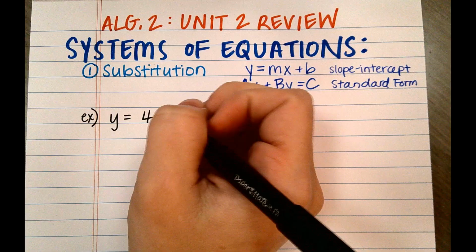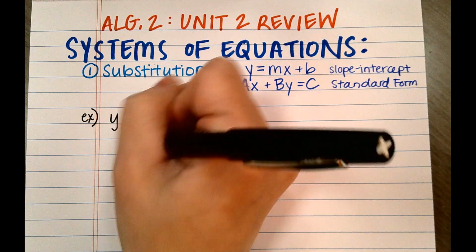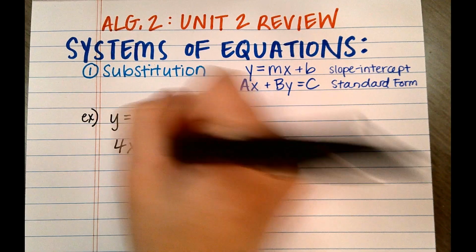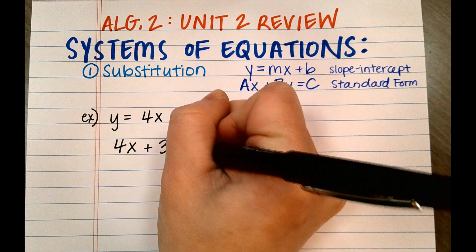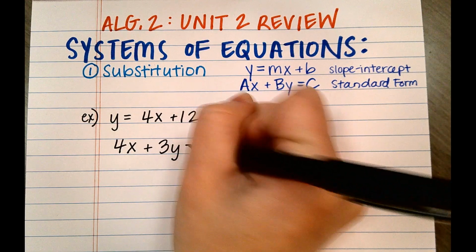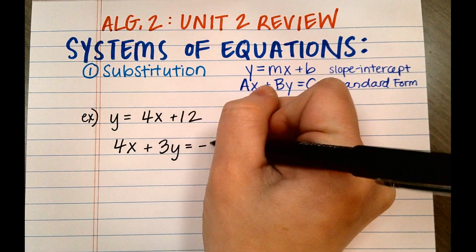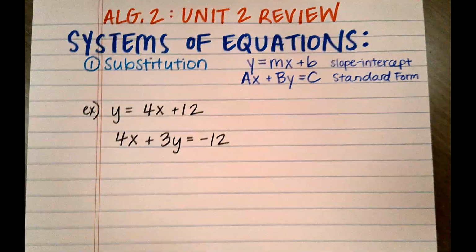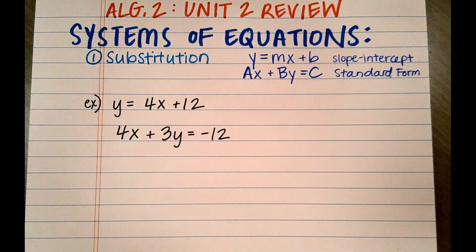And the other equation is 4x plus 3y equals -12. This is our system. And remember, when we're solving a system, we're solving for x and for y. So the only way to do that is to solve for one at a time.